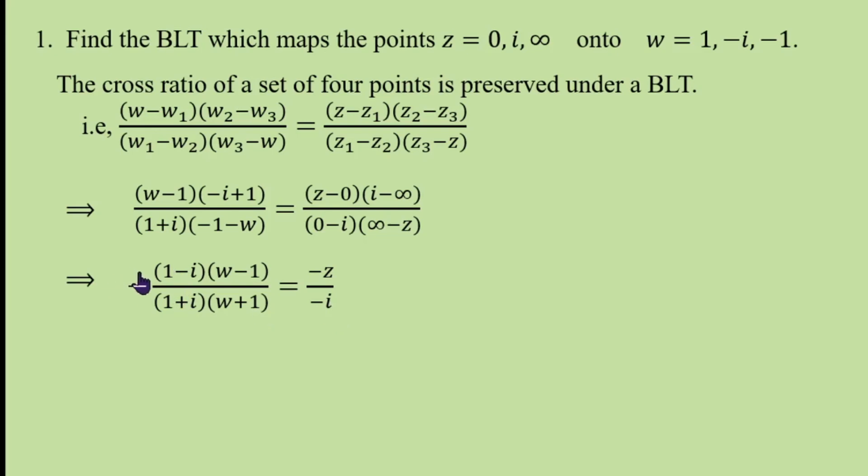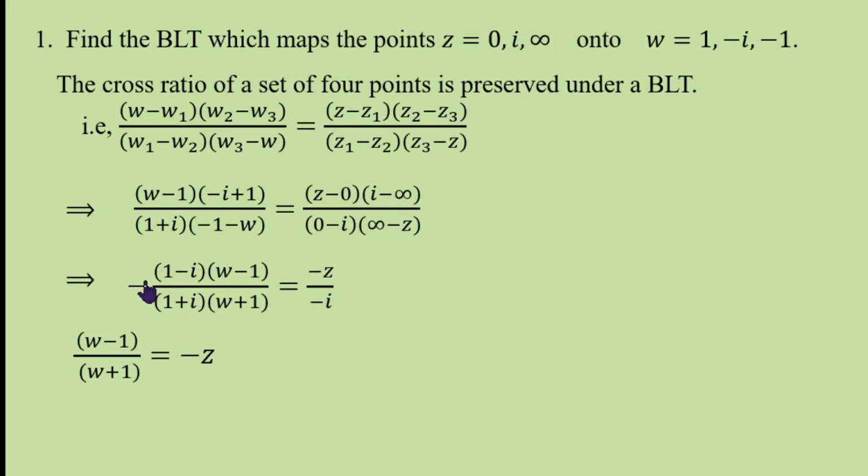Take this minus i to the left side. So minus i square. i square is minus 1. Therefore this becomes minus 1 and cancel the minus sign. Therefore W minus 1, here minus of (1 minus i) by (1 plus i) is nothing but i into minus i.